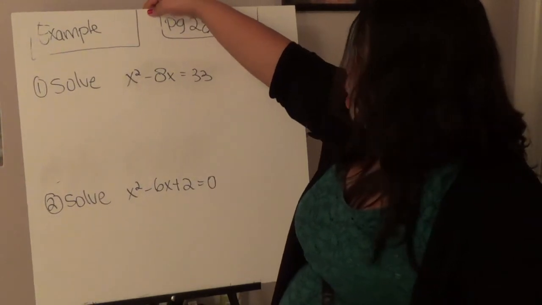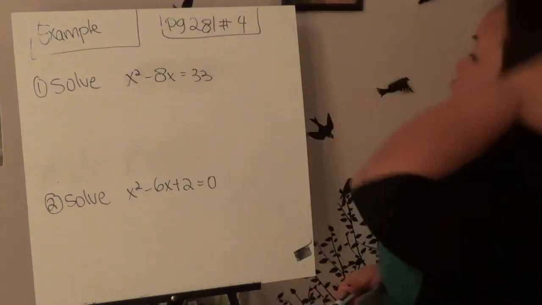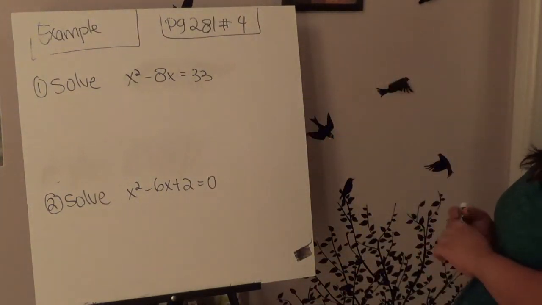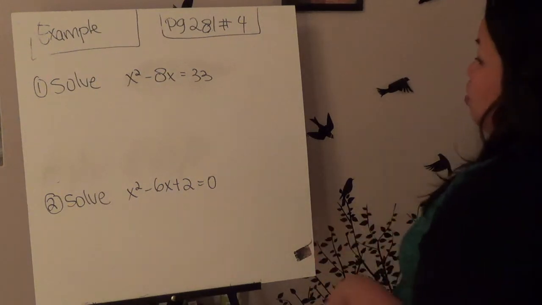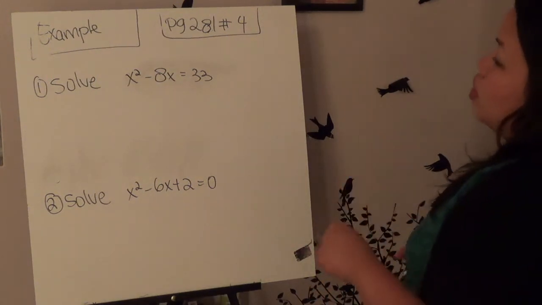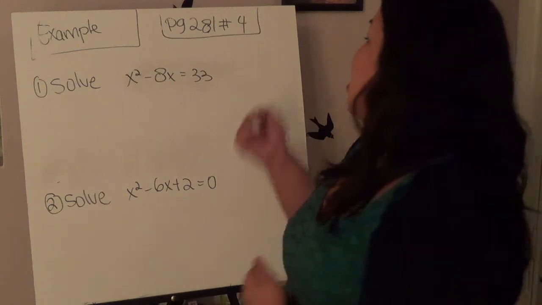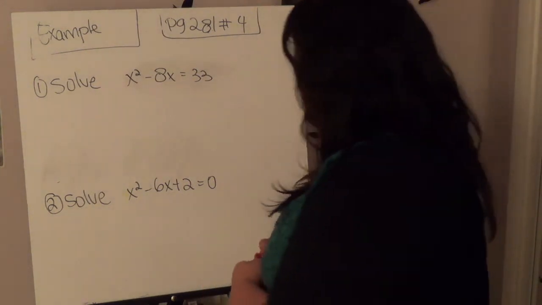So here we have two problems. The first one is asking us to solve x squared minus 8x equals 33. Now, the first step that you always need to know is that you always have to make it equal to 0 in order for you to solve.